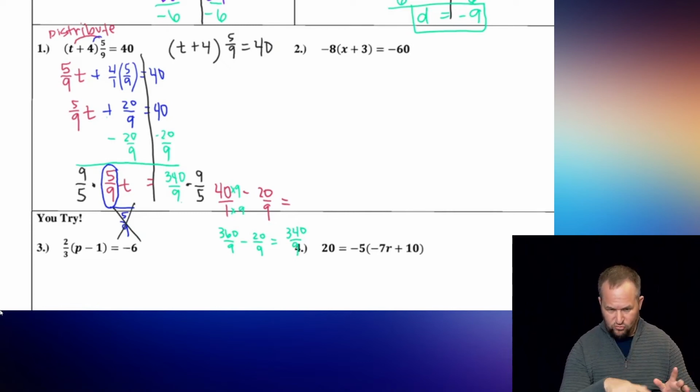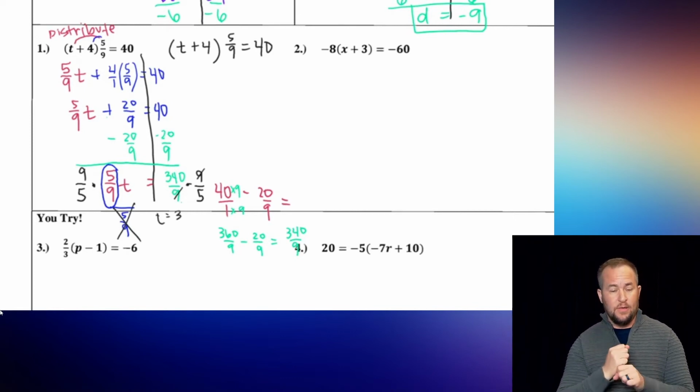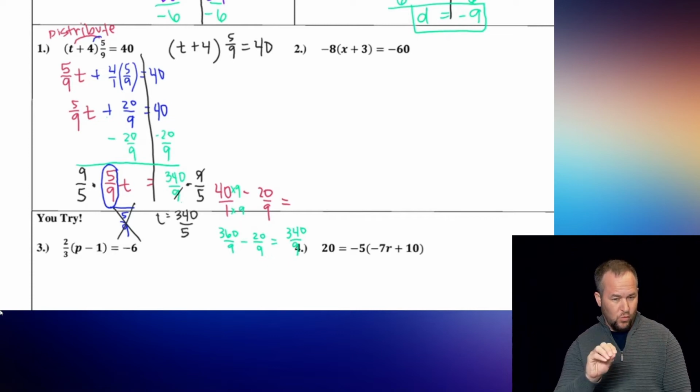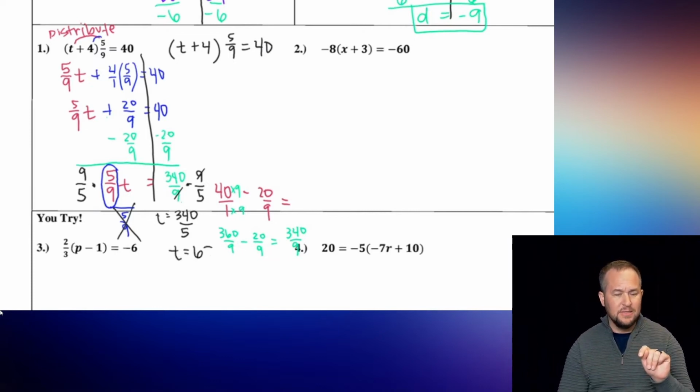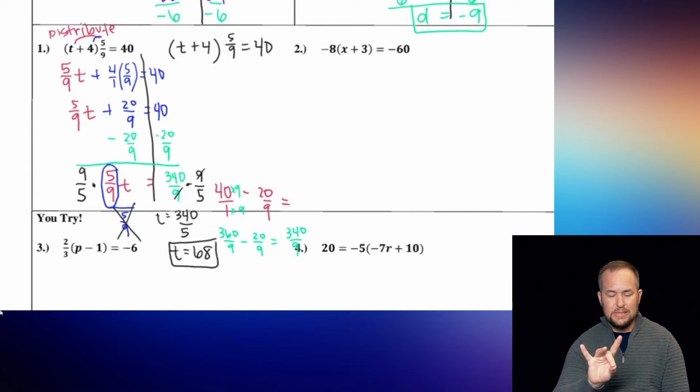So this is going to help big time because we can see that the 9s are going to cross simplify. So now I just get t equals 340/5. And then we do need to simplify that out. And when I divide that out, I end up with t equals 68.